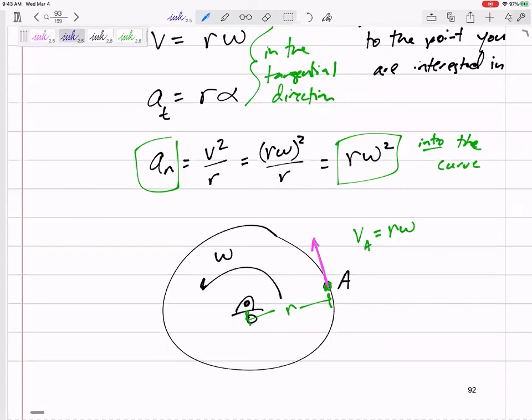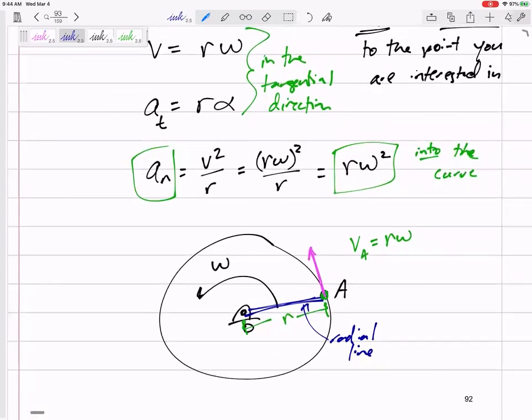I think we've done this a little bit this semester. All right, that blue line, I'm going to call that a radial line. It's like a spoke of the tire. That radial blue line, that's not the direction of the velocity. The velocity would be perpendicular to that spoke on a tire.